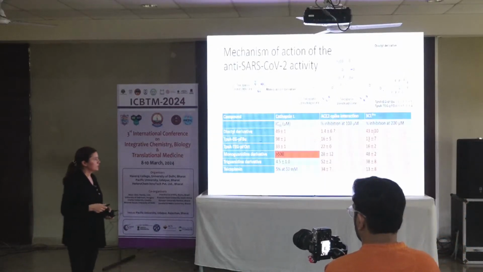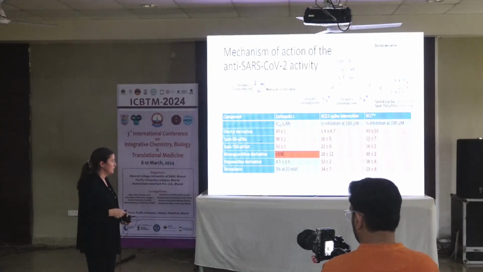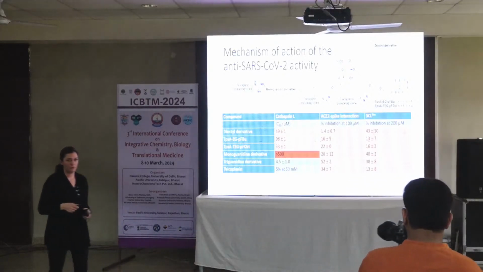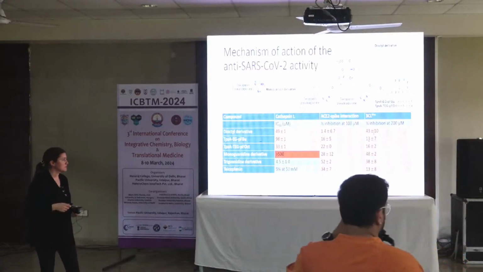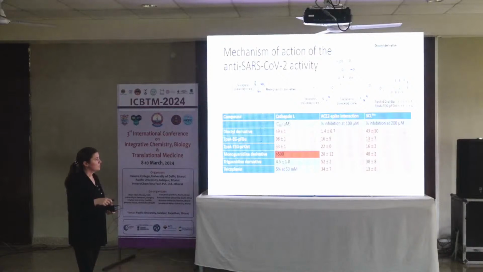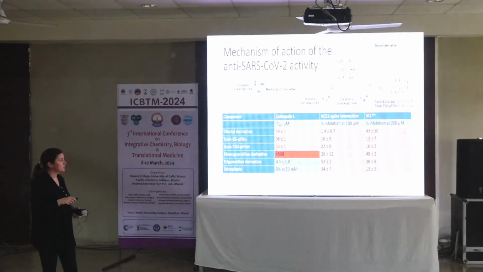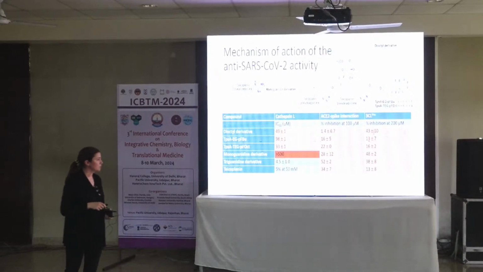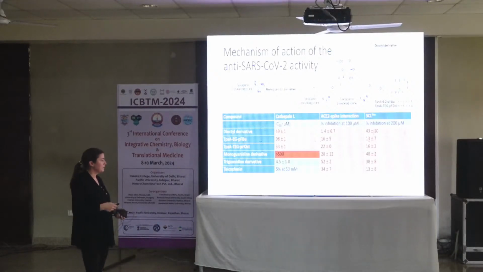So our colleagues investigated the possible mode of action of these molecules. As you can see, these derivatives have just weak inhibition against the cathepsin L enzyme, and the triguanidine derivative highly inhibited this cathepsin L enzyme.